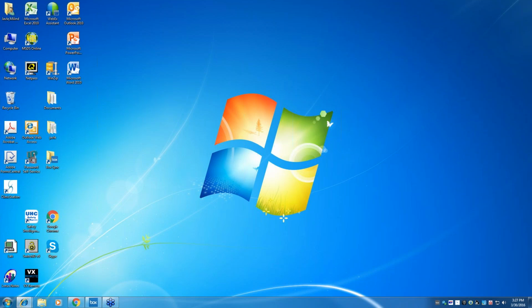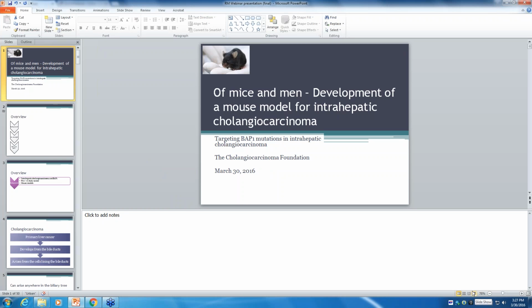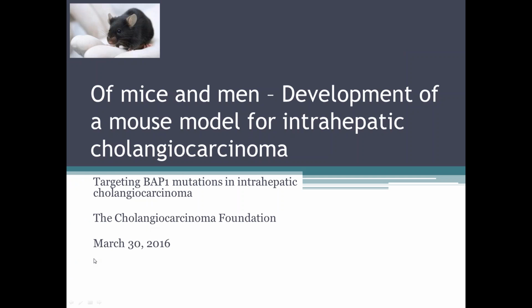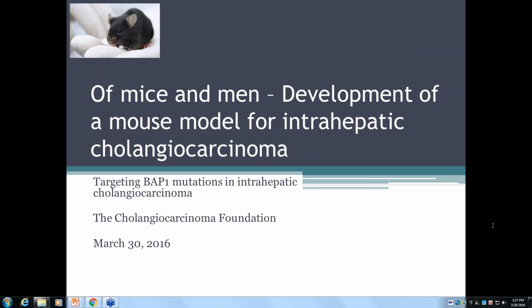Okay, and the last question is, is it possible to have more than one of the gene mutations that you showed in the chart early in the presentation? And it's a two-part question. And when it comes to a mutation, is the test measured as yes, you have it, no, you don't, or is it actually measured in the amount of BAP1 that you have, or the amount of that particular mutation?